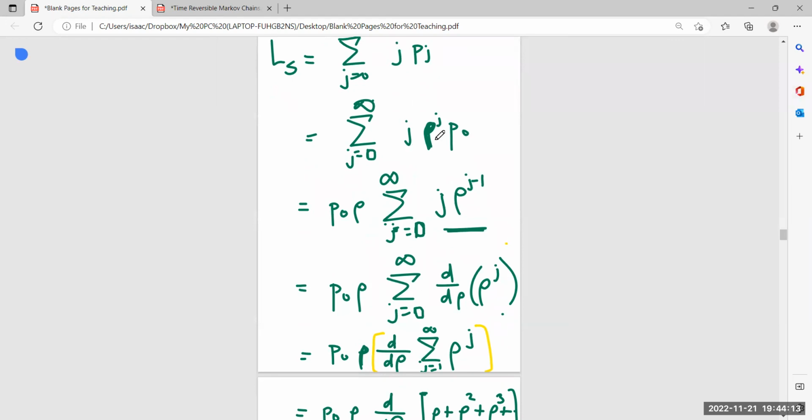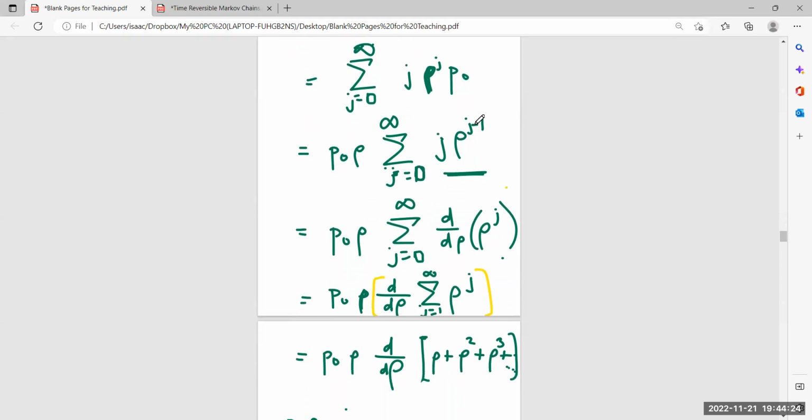It says j rho to the j P0. This will still be 0, so the first term will disappear regardless. And this one here is the differential of rho to the j.